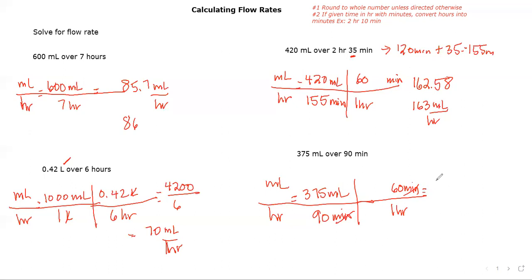That will give us 375 times 60, which is 22,500, divided by 90 on the bottom. That is going to be 250 milliliters per hour.